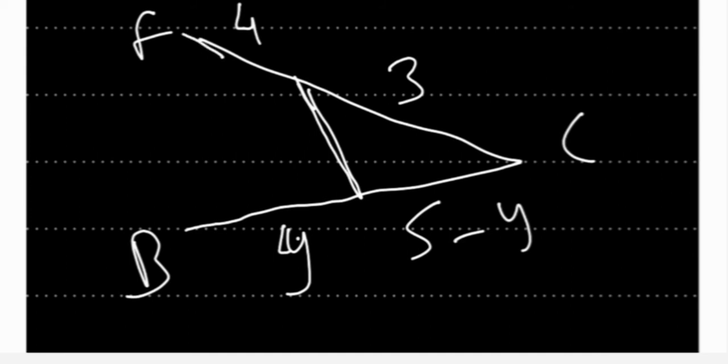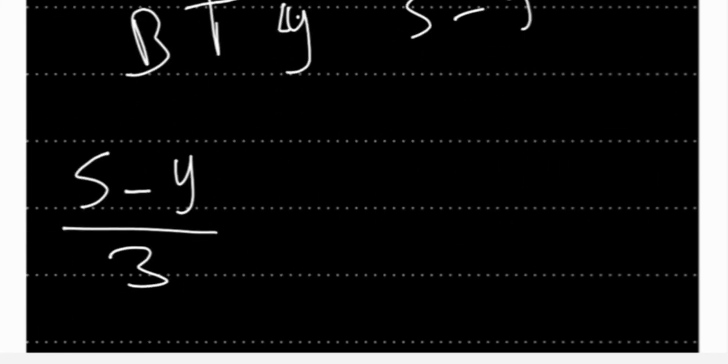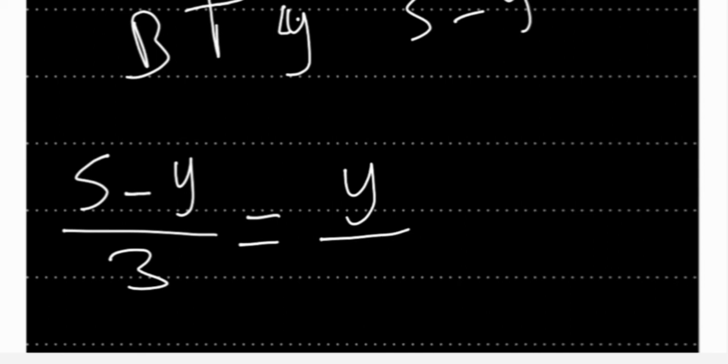Because the line cutting it, this line and this line are parallel, so there is a proportionality between them, okay? So 5 minus y divided by 3 is proportional to y divided by 4, okay?